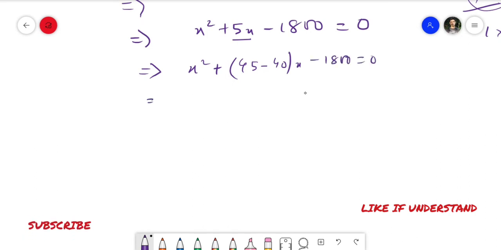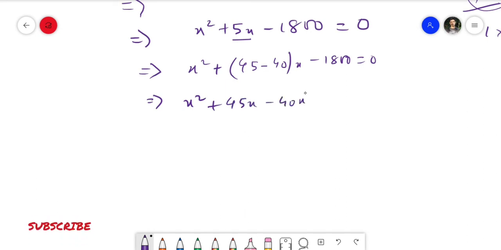So we'll be writing like this: x square plus 45x minus 40x. I'm just showing this one if you have some problem in this. Otherwise, if this is positive, then no problem. Only in minus, sometimes, many students I saw used to make some sign mistake. Okay, is equal to 0.